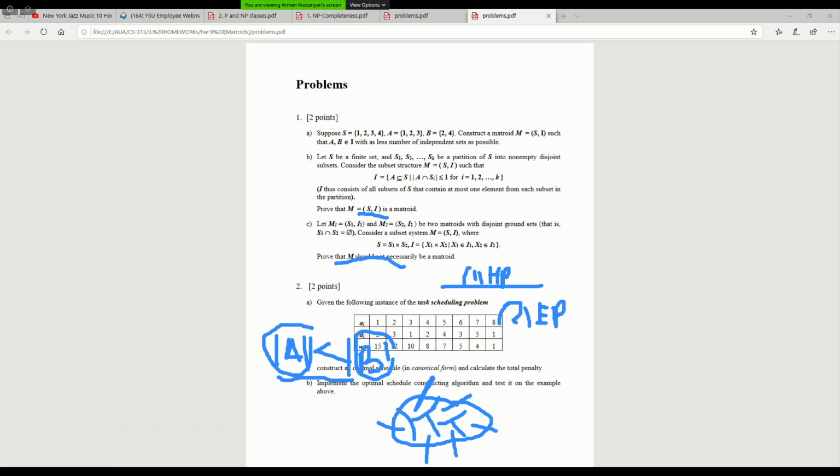This is like choosing a literal from conjunctive normal form.